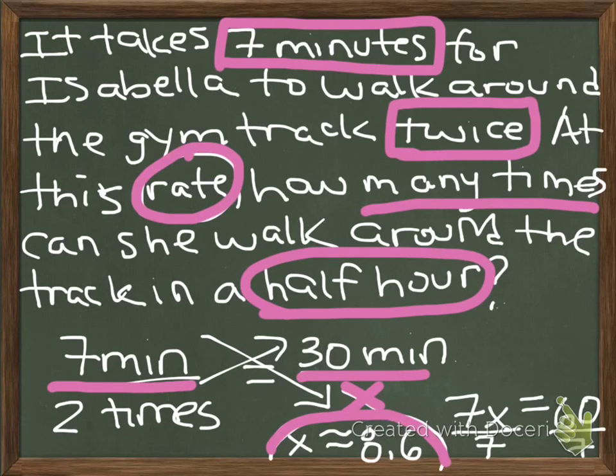I'm not going to round it up to 9. I'm going to round it to 8 because she's not going to walk a partial amount, and saying that she could walk about 9 is a little misleading because she can only walk about 8.6. So I would say the most realistic answer would be to say she could walk about 8 times around the track.